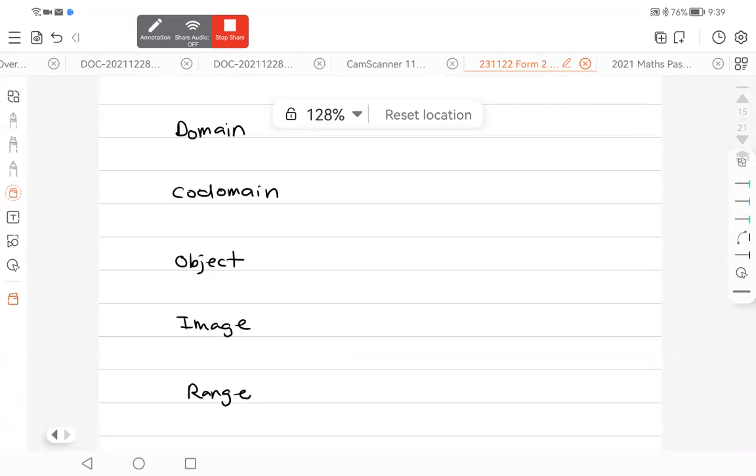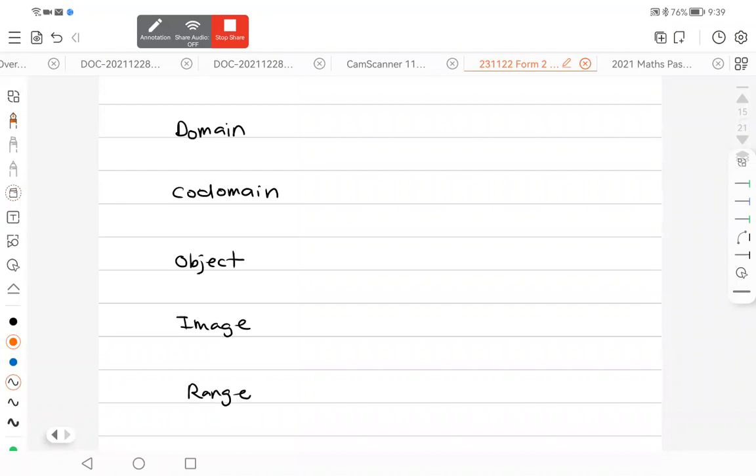So I'm going to read out the definition, then you let me know if it is domain, codomain, object, image, or range. Answer together. All possible set of function input values. If I make it short, all possible input values.